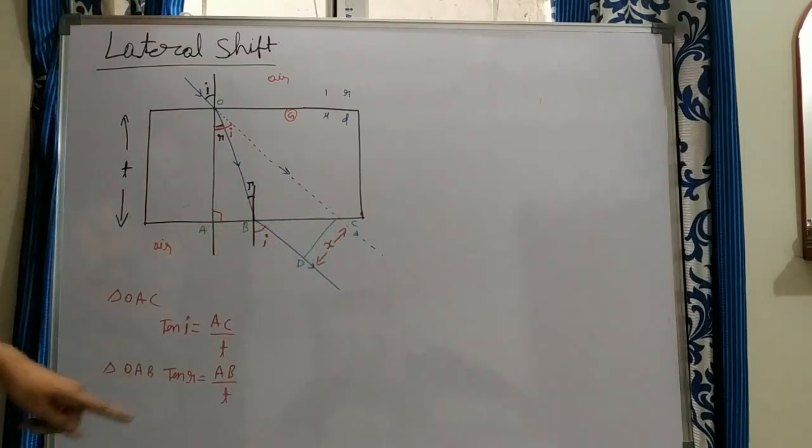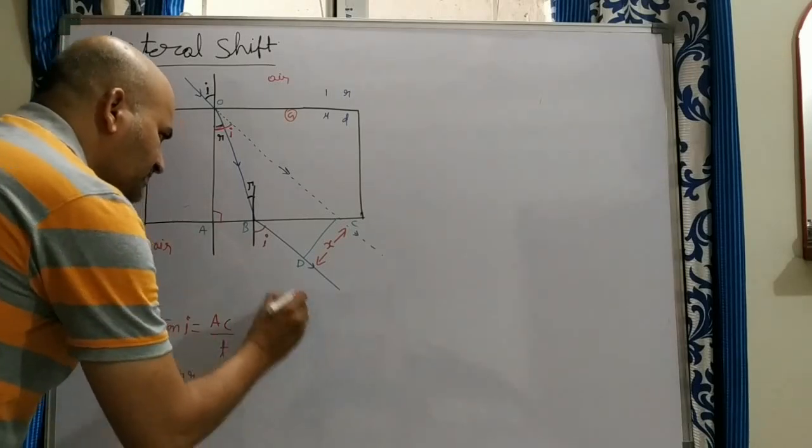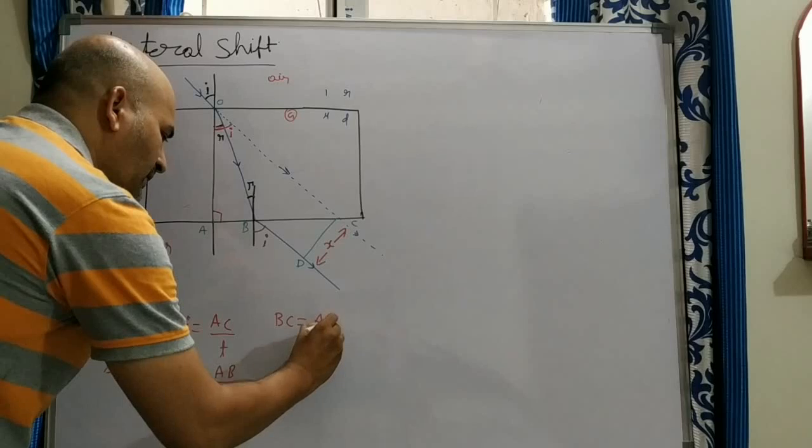How to calculate BC? BC is nothing but AC minus AB.